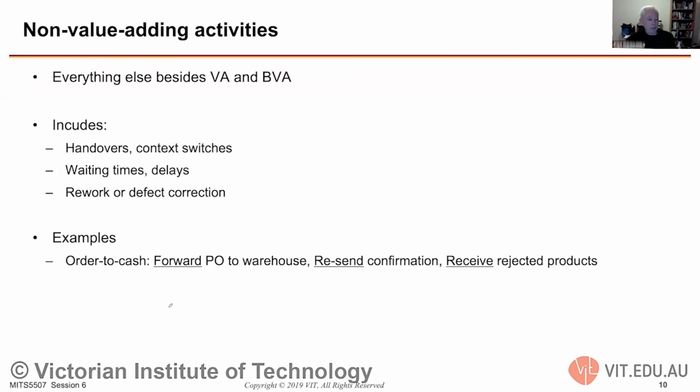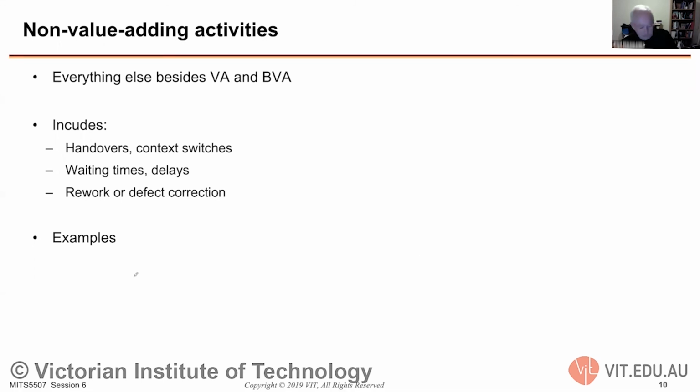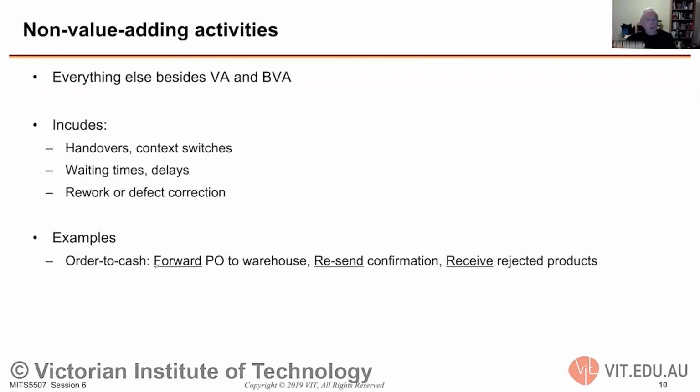So for examples here, we go to order to cash. When you forward a purchase order to a warehouse, a customer has ordered something, they've raised a purchase order, and then you forward that purchase order to a warehouse. The actual act of forwarding it is not evaluating from the customer's perspective, and it's not business evaluating from our perspective.